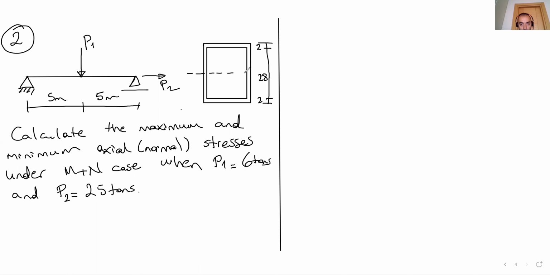This direction is X. This is the Y. X and Y axis. Here 1 centimeter, 1 centimeter, 18 centimeter. By the way, all the dimensions are in centimeter.